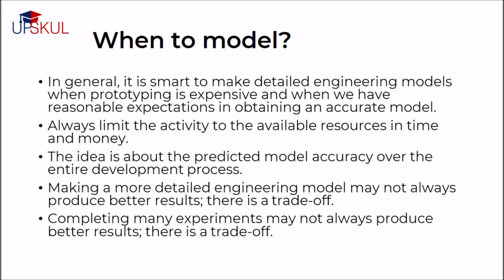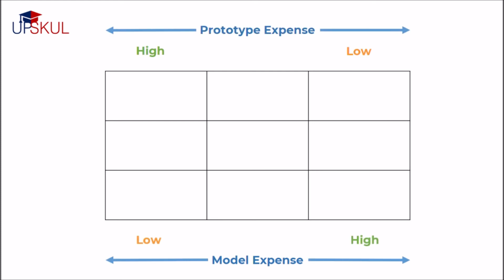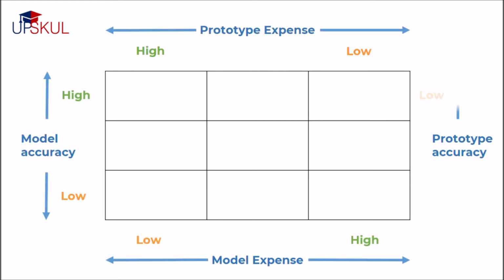To decide whether you should model or directly create a prototype, we will create a 3 by 3 matrix plotting the four parameters: model expense, prototype expense, model accuracy, and prototype accuracy. When model accuracy is high and model expenses are affordable, it is wise to create a model first.